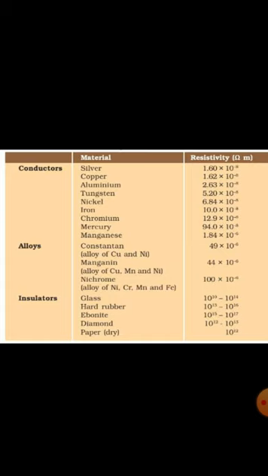Do you know what materials are used for transmission of power lines? Electrical transmission lines. Yes, it is copper and aluminum which are used for electrical transmission lines.